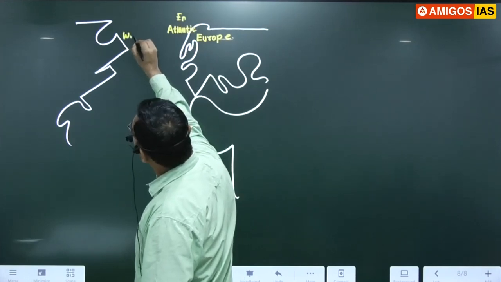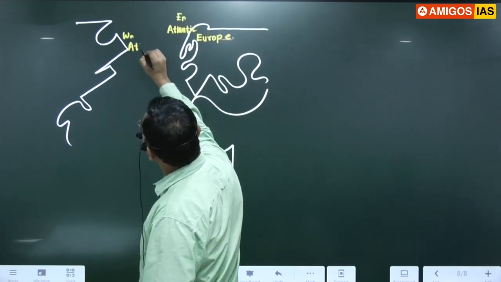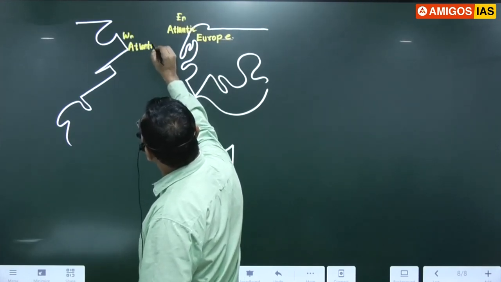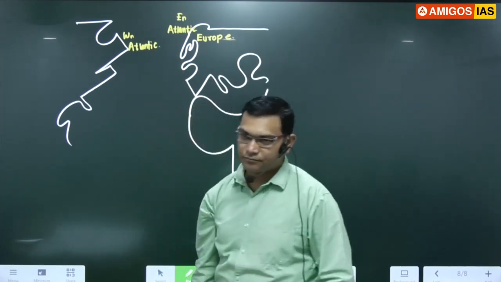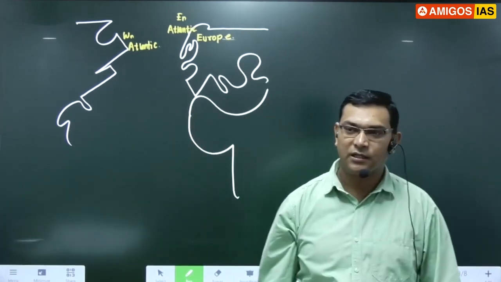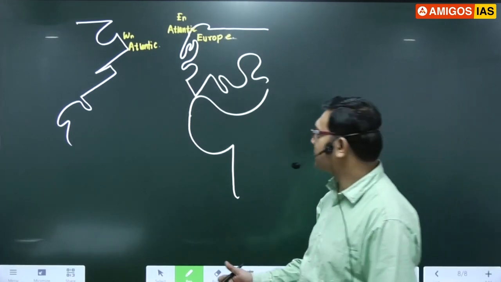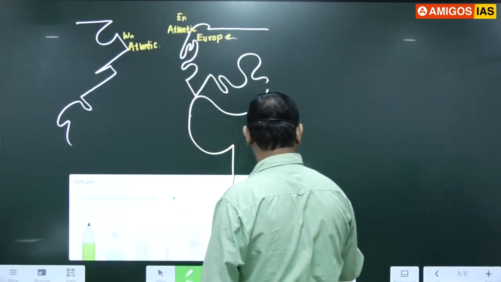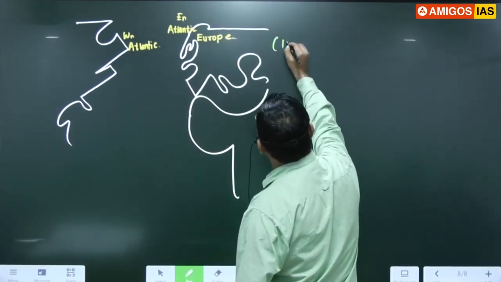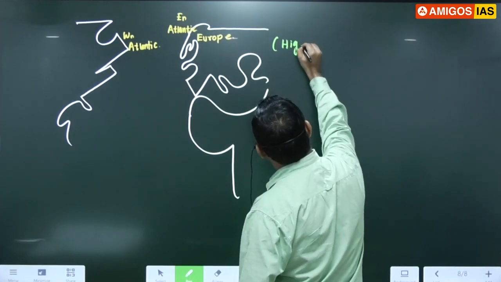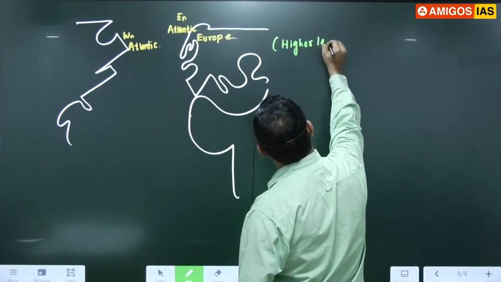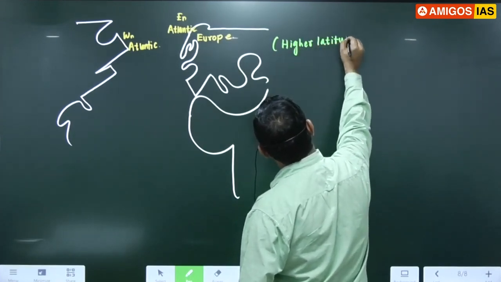This is my western part of the Atlantic Ocean. Where do you find more salinity? In the higher latitudes. First of all, these are your higher latitudes. Yes or no? Higher latitudes.